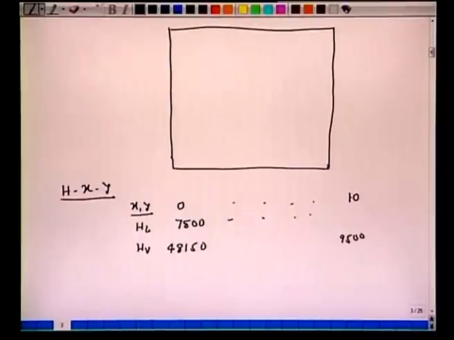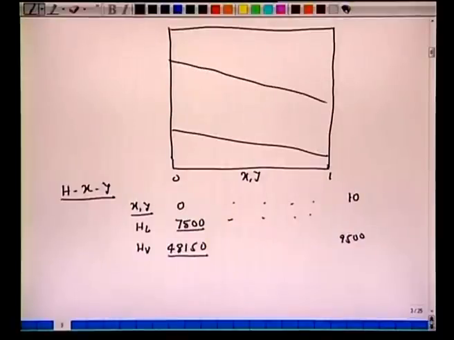So that's not important. More important is we try to understand that when we report XY diagram like this, you will choose these numbers X, so 0 to 1, X or Y, and we plot HL, saturated liquid enthalpy, and we plot saturated vapor enthalpy, HV and HL.